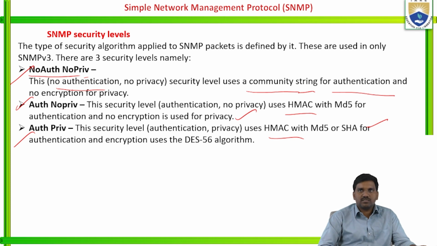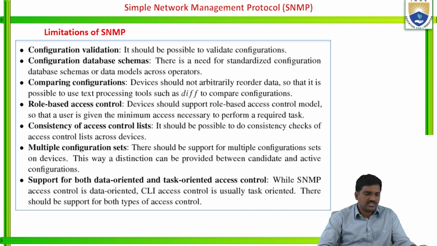By using the DES 56 algorithm, authentication and privacy are provided. So these are the 3 security levels of SNMP: no authentication, no privacy; authentication, no privacy; and authentication and privacy.